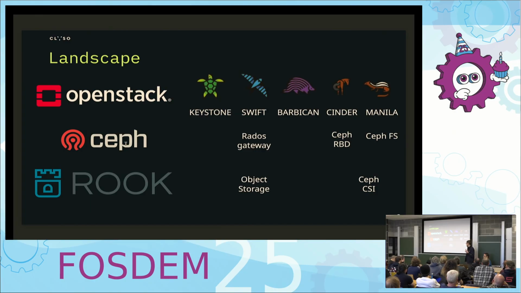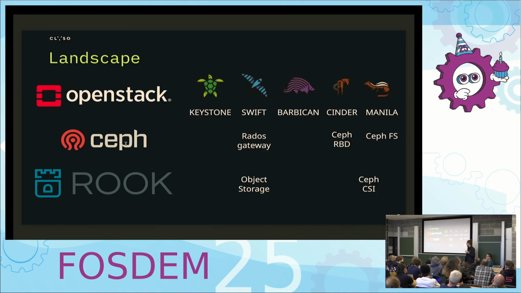And of course, since we want reproducibility and want to make it declarative, we also have Rook here. Rook is a Kubernetes operator for Ceph. This means that you also have to use Kubernetes to run your Ceph cluster.